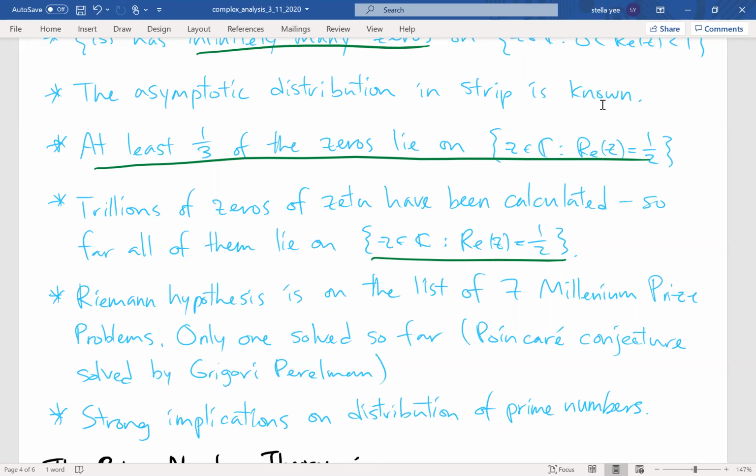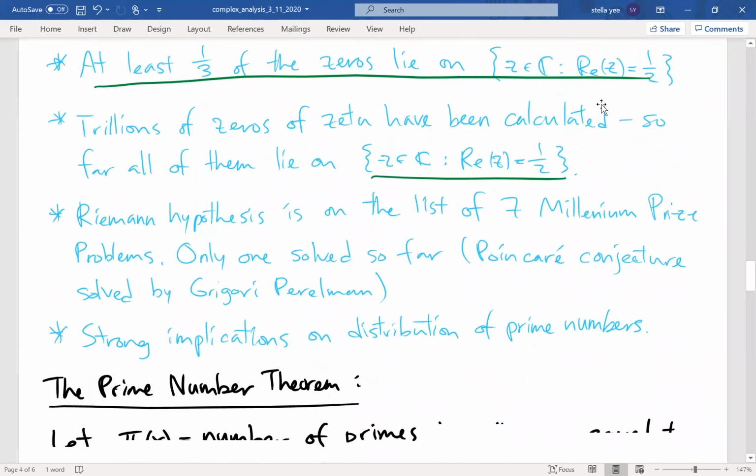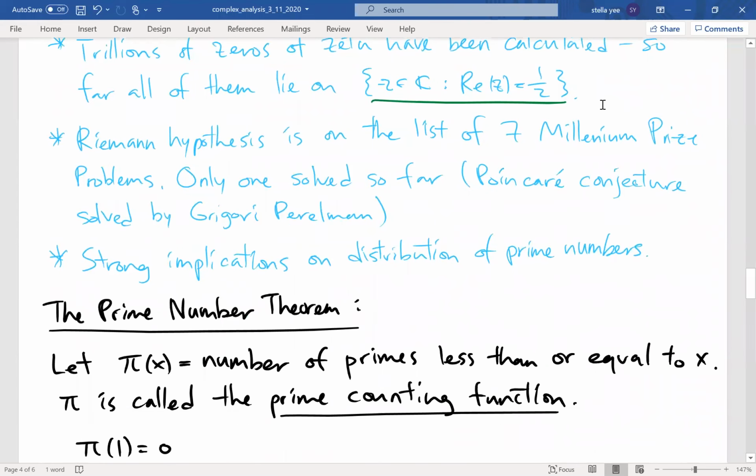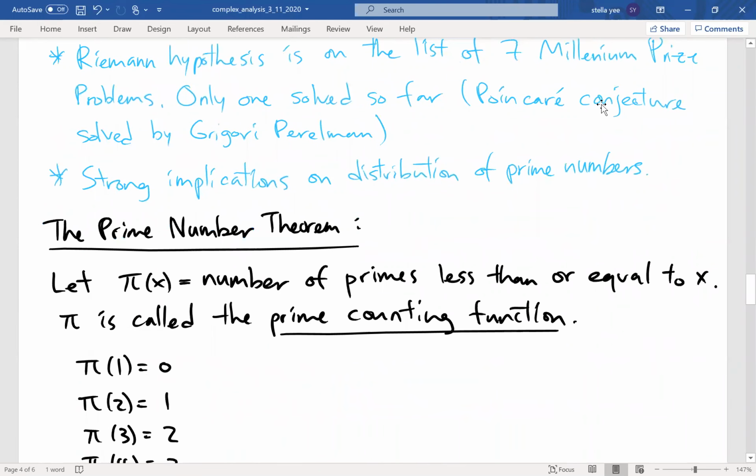That's the Poincaré conjecture, solved by Grigory Perelman. He's a Russian mathematician. So the Riemann hypothesis is still open. It's worth $1 million. Okay. And the reason why people care about it is because of its strong connection with prime numbers. Right? So let's talk about the prime number theorem next.